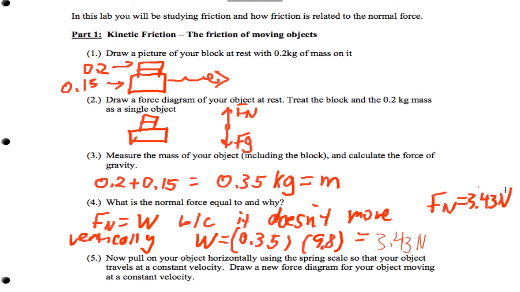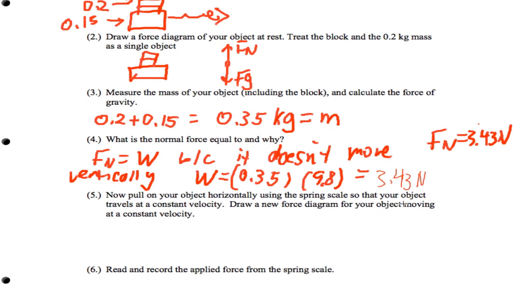Now, let's say when I pull the mass with the spring scale, we're going to get a new free body diagram that looks like this. Again, I'll draw the spring scale force like this. When I draw the new force diagram, I'm going to have the normal force, I'm going to have the gravity force. I guess in the previous free body diagram I drew that as F sub n.